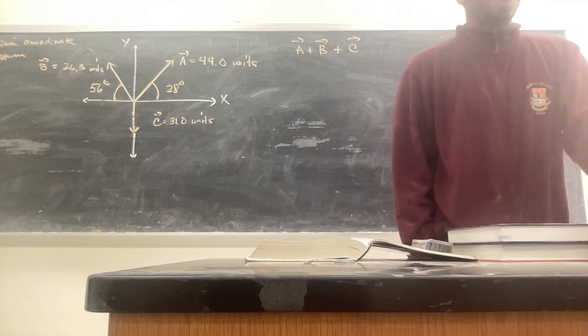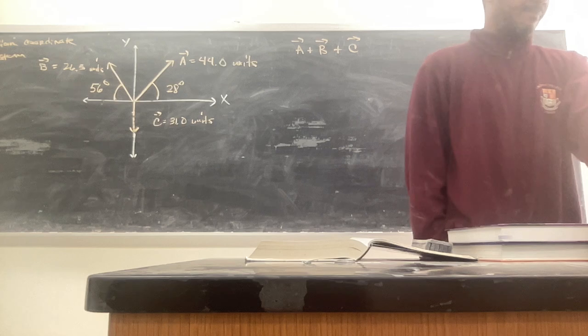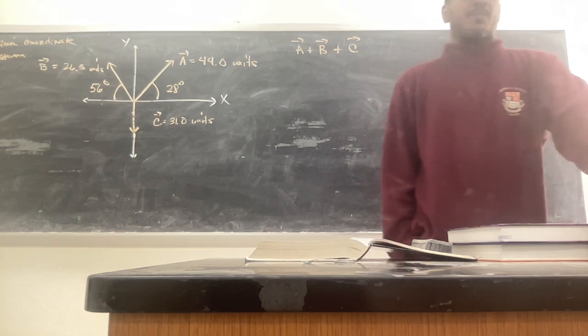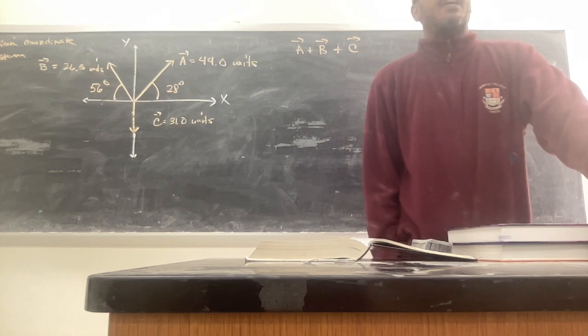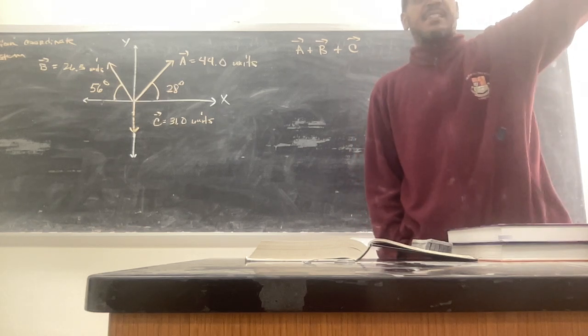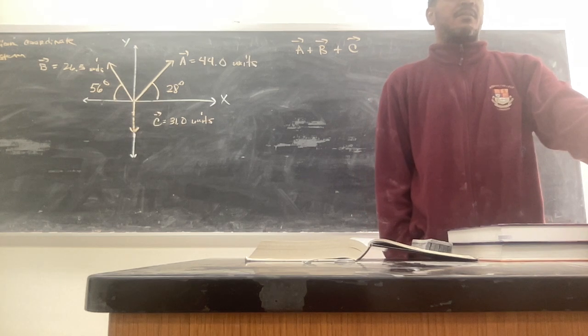What are components? Something that goes with something, something that makes up something else. That's a component. Every vector has two components, an X and a Y. That's what we started the conversation off with today.